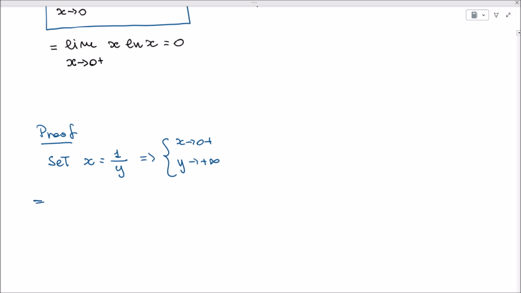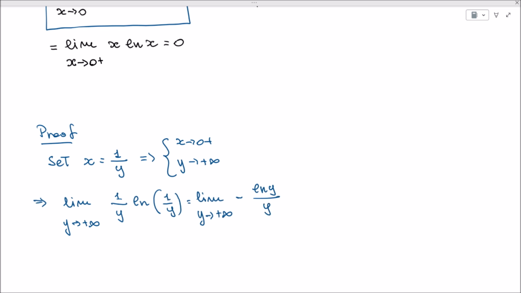So this implies that the limit is now the limit as y goes to plus infinity of, instead of having x, we will just replace with 1 over y, and instead of having logarithm of x, we have the logarithm of 1 over y, which is equal to the limit as y goes to plus infinity of, by just using the properties of the logarithm, we simply have minus logarithm of y divided by y.